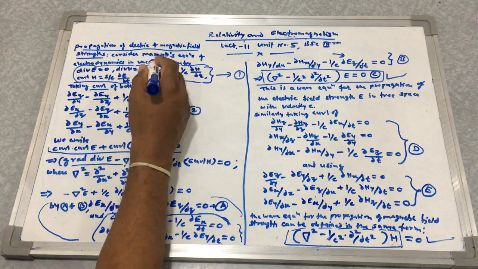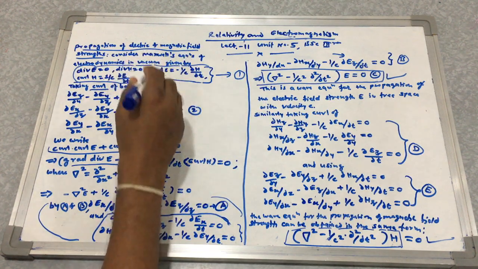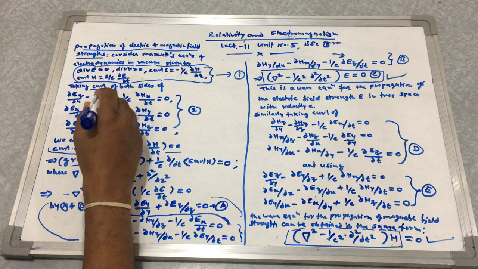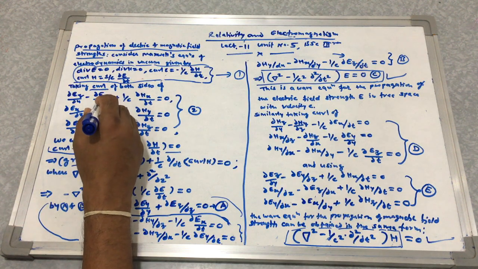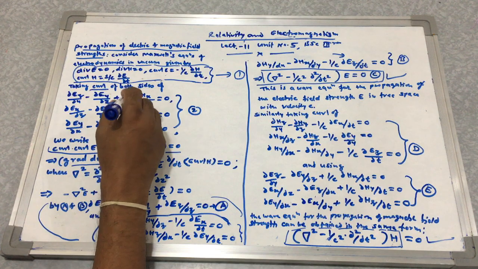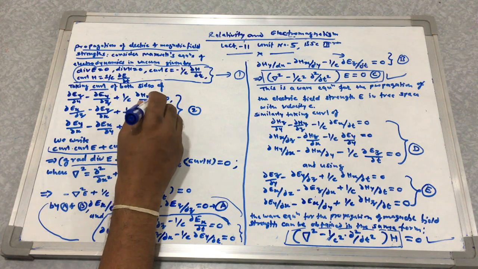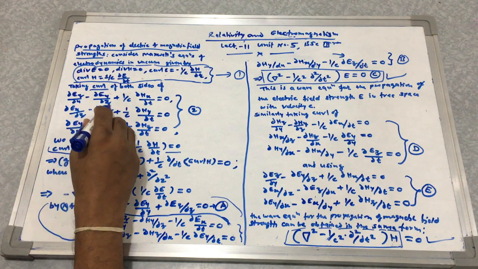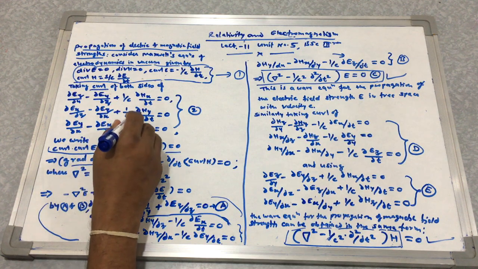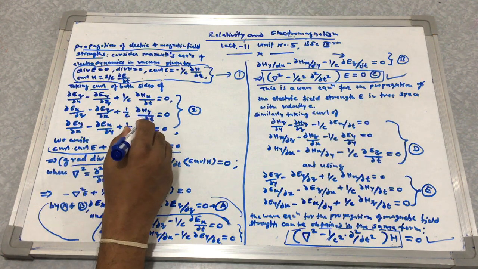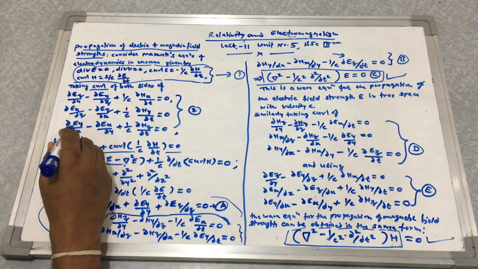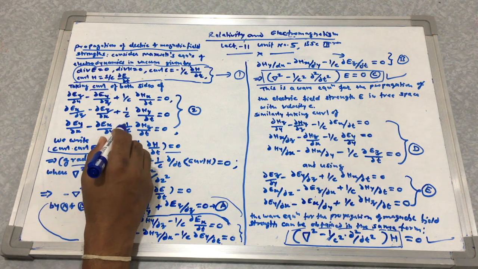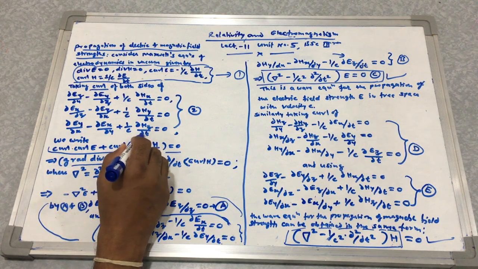Then we have to take the curl of both sides of the equation, that is del Ez upon del y minus del Ey upon del z plus 1 upon c del Hx upon del t is equal to 0, and del Ex upon del z minus del Ez upon del x plus 1 upon c del Hy upon del t is equal to 0, and del Ey upon del x minus del Ex upon del y plus 1 upon c del Hz upon del t is equal to 0.